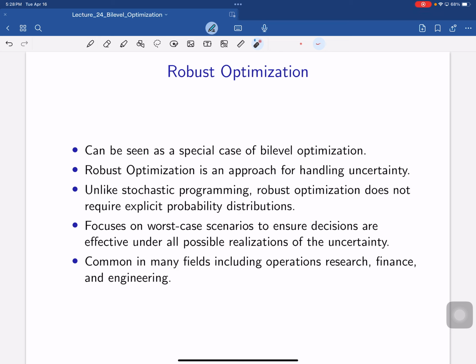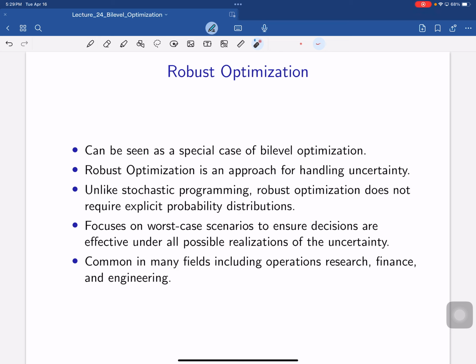So I would prefer to use stochastic programming in my life decisions, optimizing for the expected value rather than the worst case. Okay. Yeah, so the other difference here is that in robust optimization, you don't need a probability distribution. Right? So in stochastic programming, we are optimizing for the expected value.